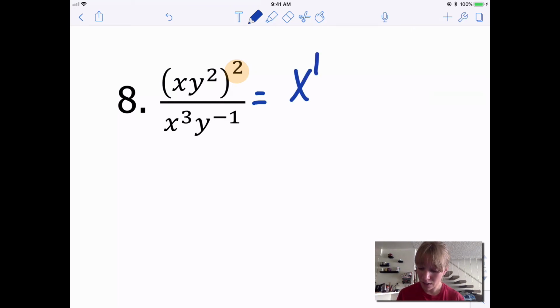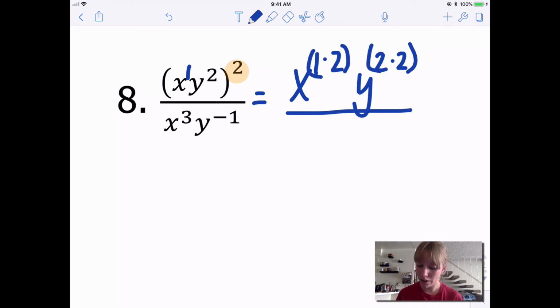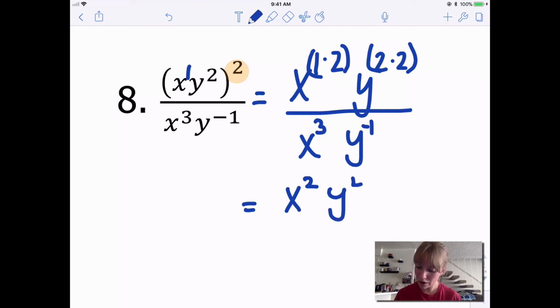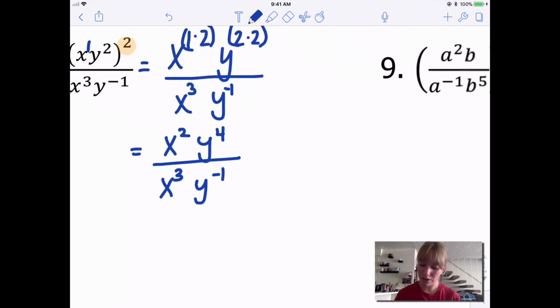So I have x to the 1 times 2, because this is really raised to the first, y to the 2 times 2, all over x to the third, y to the negative first. X to the 1 times 2 is x squared, y to the fourth, over x to the third, y to the negative 1.